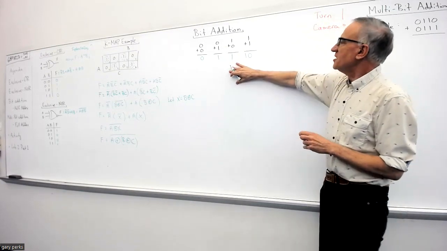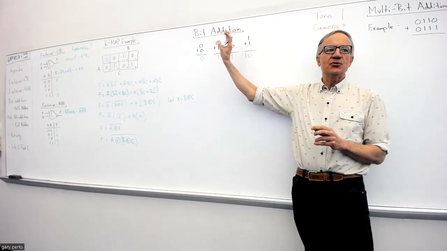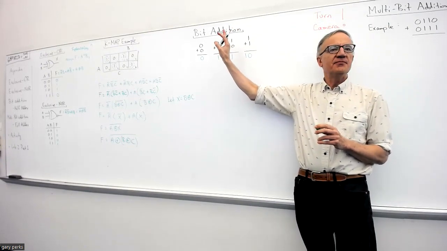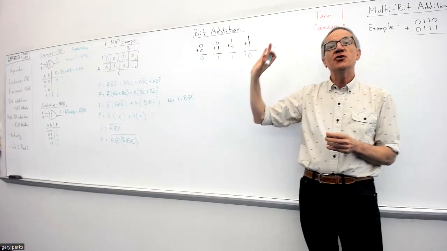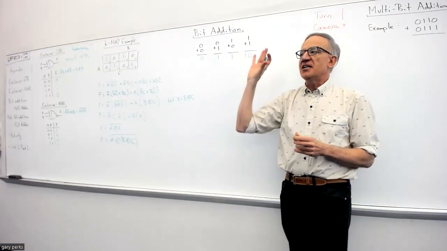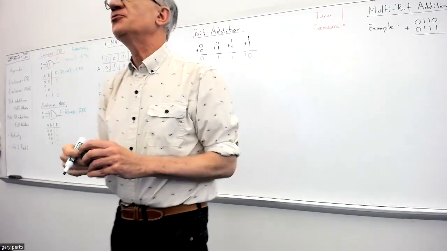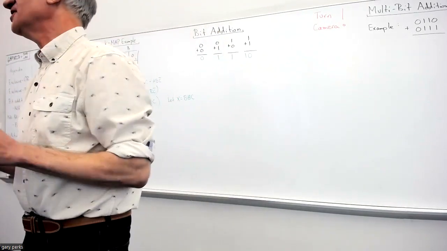Okay, but the next thing we're going to do is take these rules of single bit binary addition and put them into a truth table. And you see, if we put anything into a truth table, we can then get a logic circuit for it.